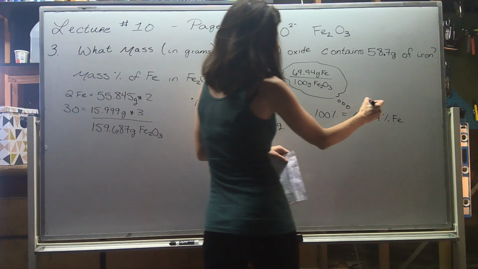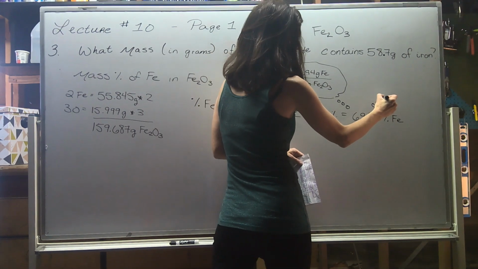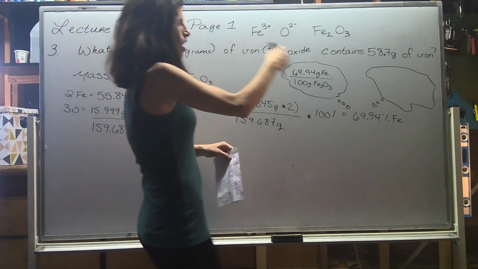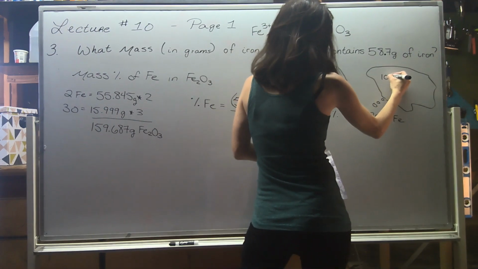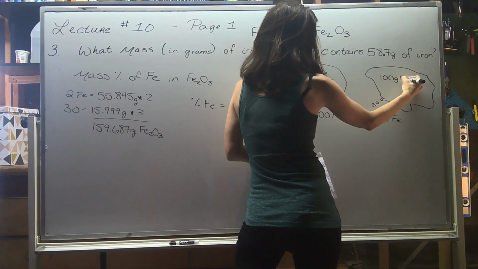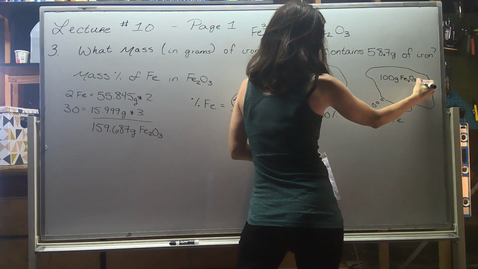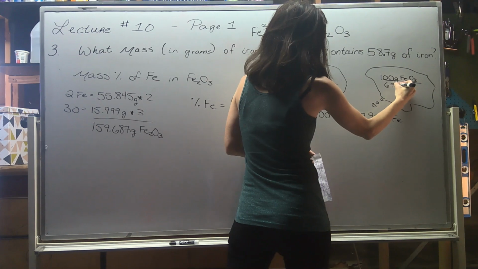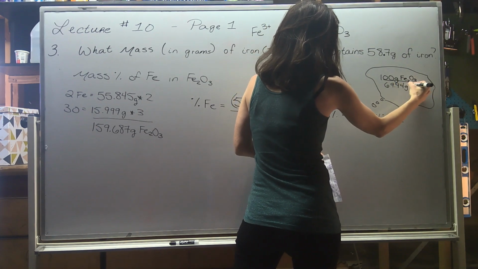Or we could flip that, and think, if I had 100 grams of iron oxide, I would expect 69.94 grams of iron.